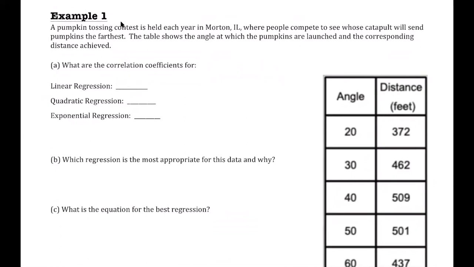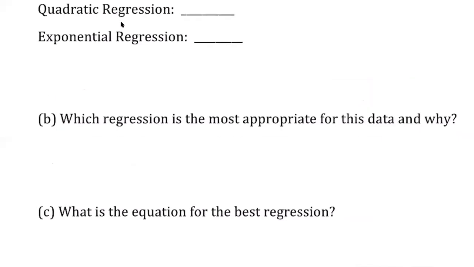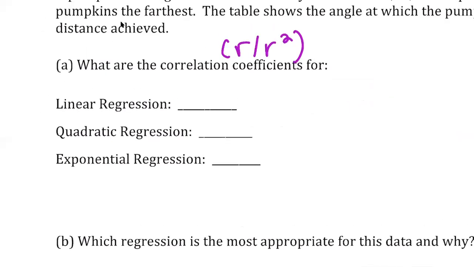The correlation coefficients that we're going to use are either r or r squared. For our linear regressions, we're always looking at the r value. For quadratic and exponential, we use the r squared value.